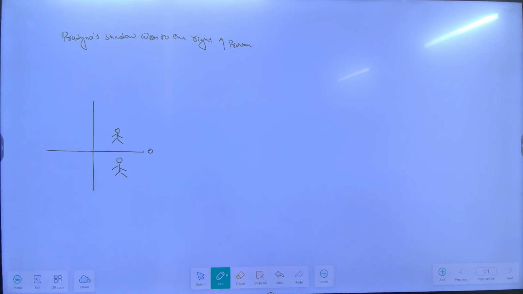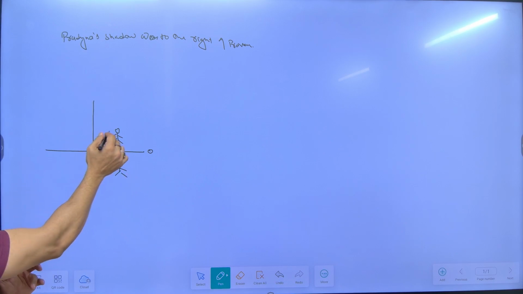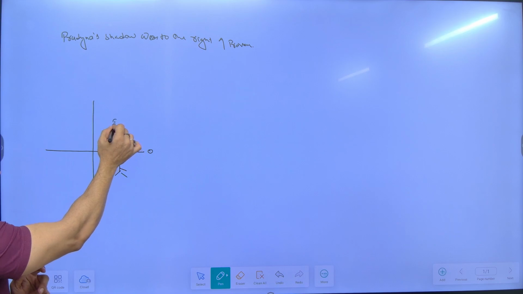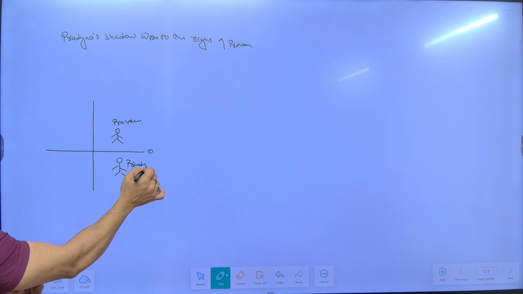If I place it like this, if this is Praveen, Praveen is facing this side, right? This is Praveen, this is Pradnya, that is east. If Praveen is talking to Pradnya and Pradnya's shadow is falling to what? Right of Praveen. Right of Praveen means this side. That means the sun will be that side. So this will be Praveen, and this will be Pradnya.